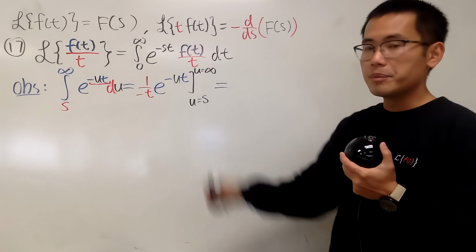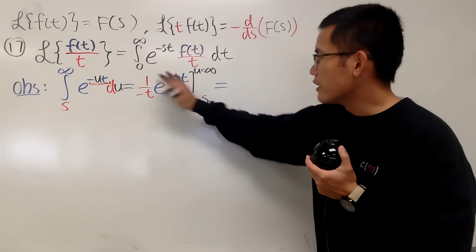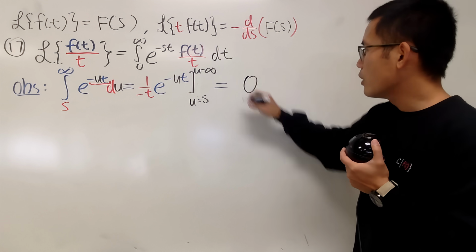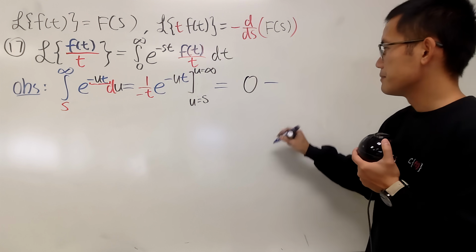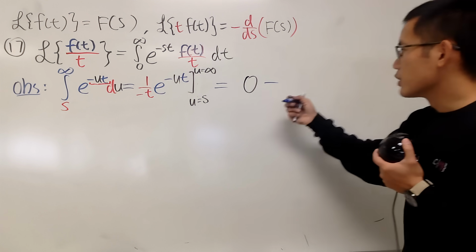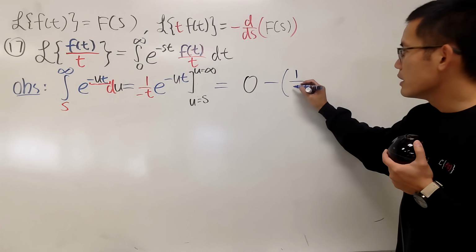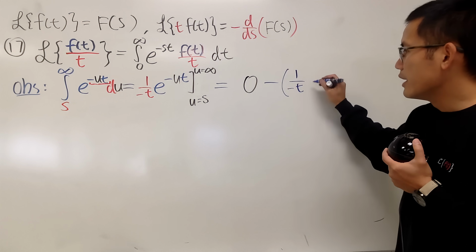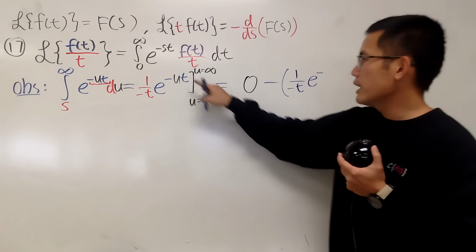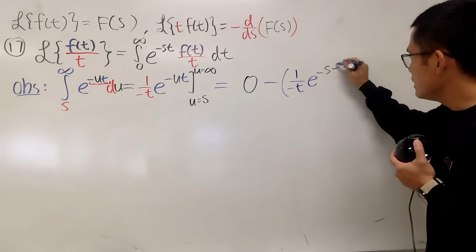So that will take care of the business. You put this right here, the first part will be 0, and then you will have to minus. You put s right here, so you end up with 1 over negative t, and then you have e to the negative st, like that.